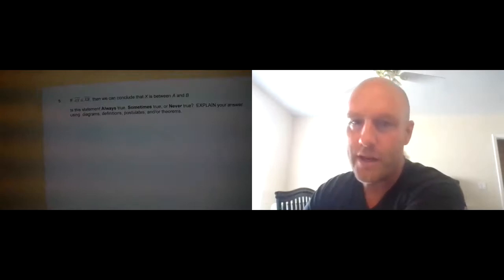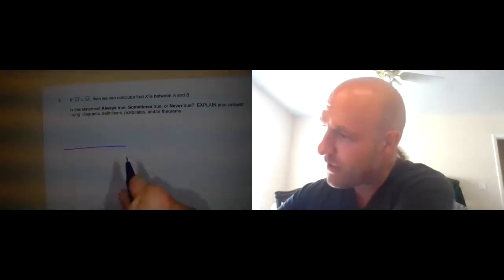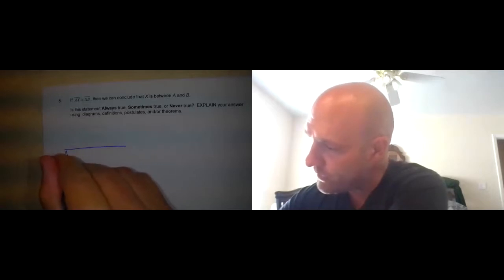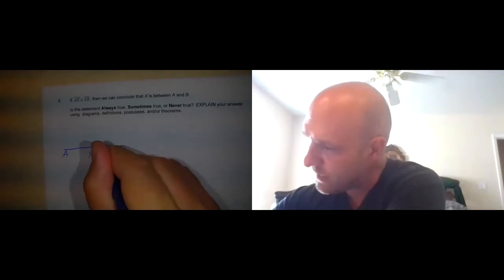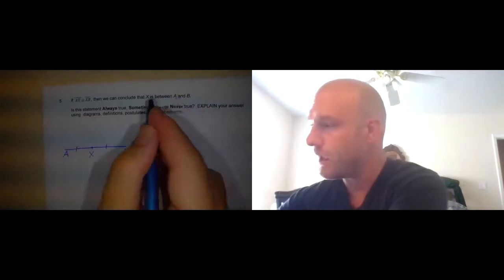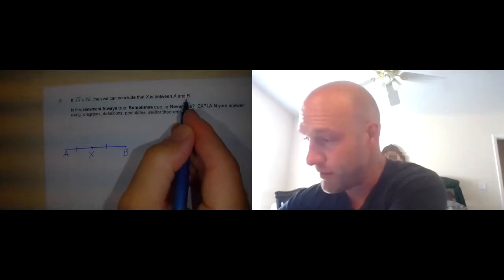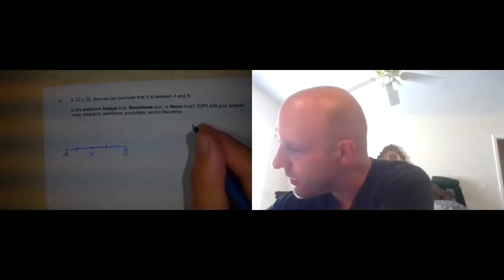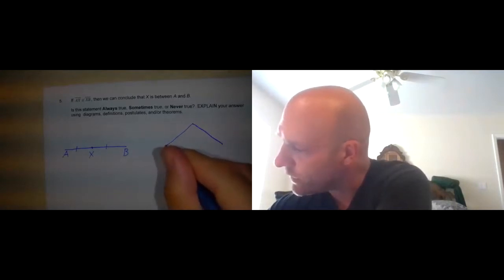A lot of this was in thinking of all the cases and a lot of it in the justification. Pretty much everyone got that if the 3 points were collinear, A, X, and B, and those two things are congruent, can we conclude that X is between A and B? Well, in this case, it certainly is, but nobody said that those points were collinear.